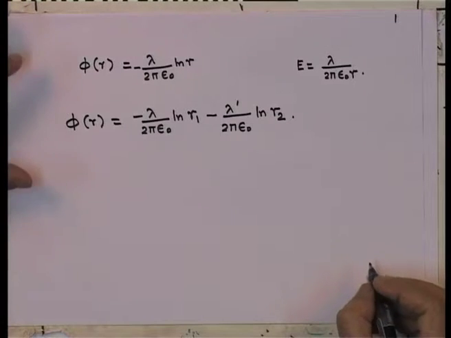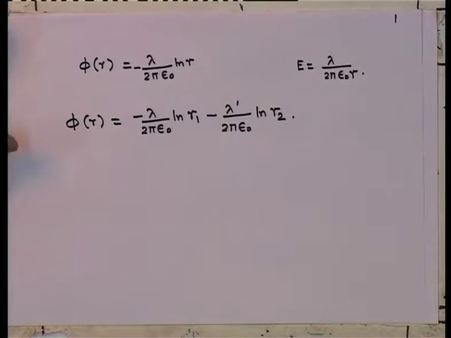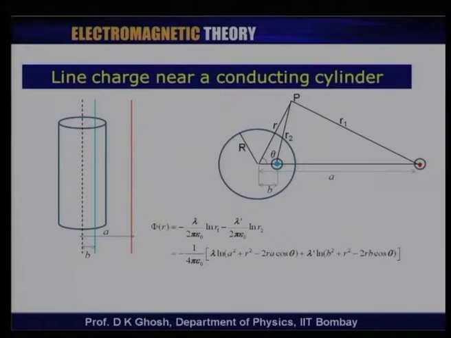Now, what we do is this, we use the standard triangle law, referring back to this picture again. You notice that the distance of the point P from the line charge is r1 and from the image charge is r2.